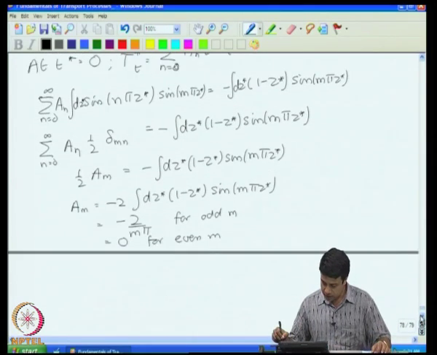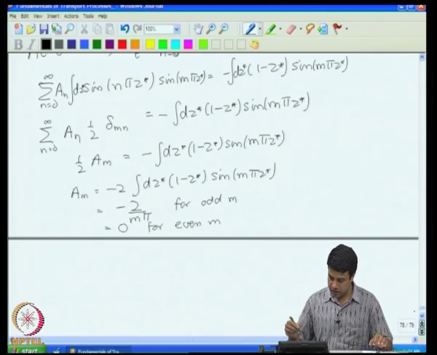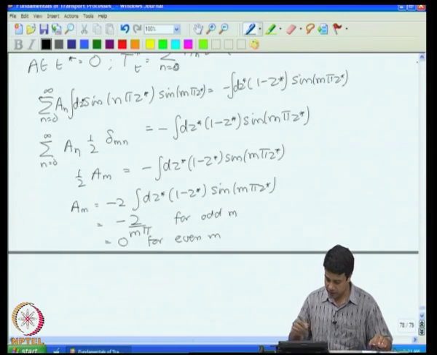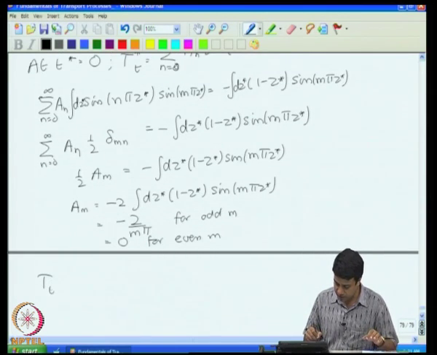So, putting all these together, with this coefficient for m, I get finally the transient temperature field.